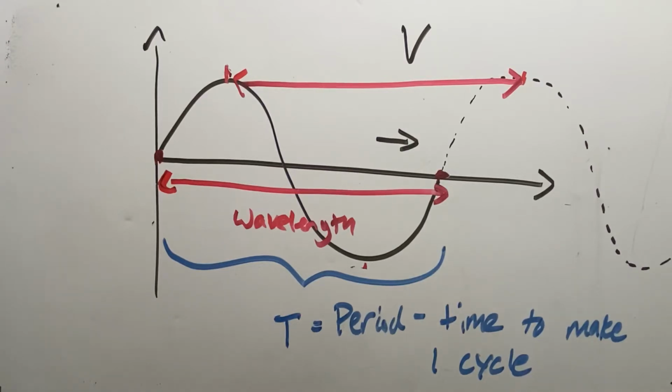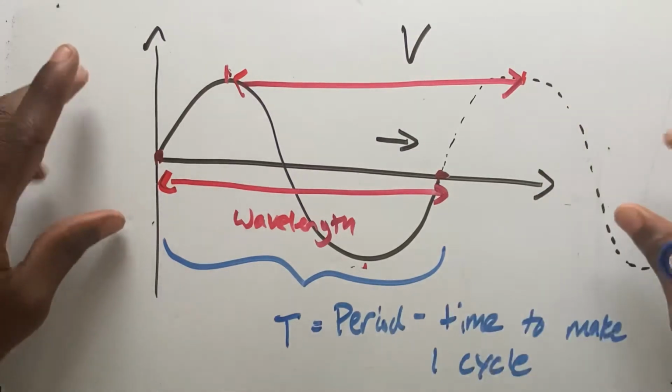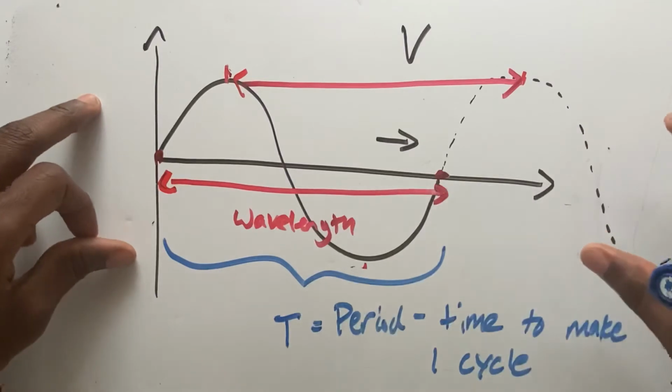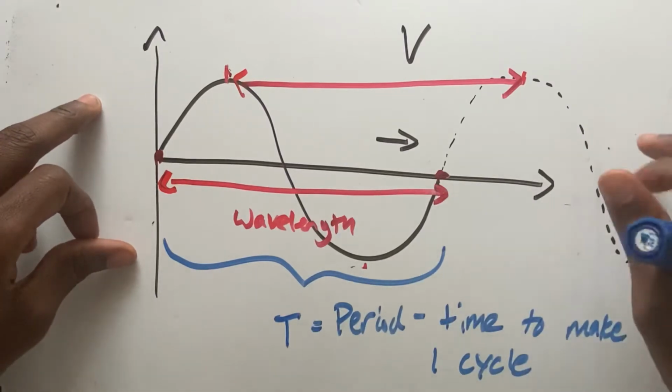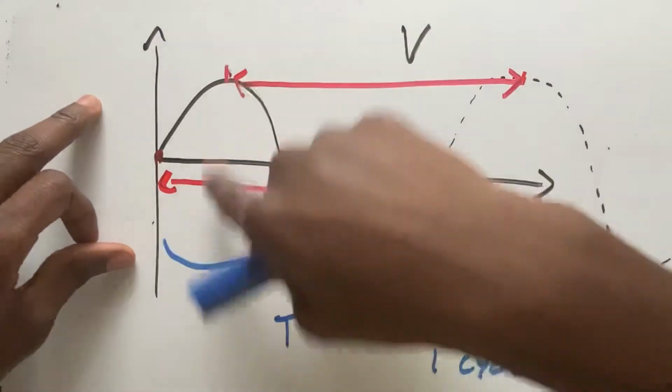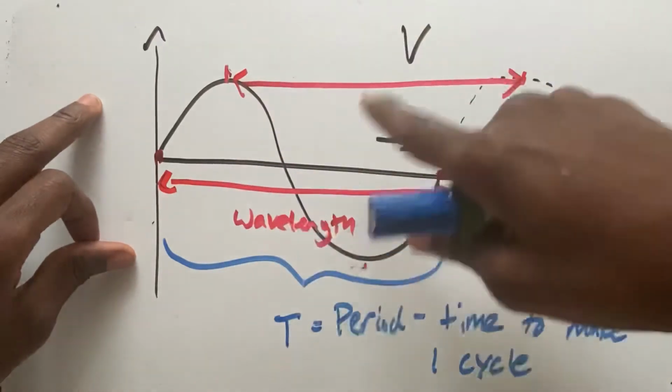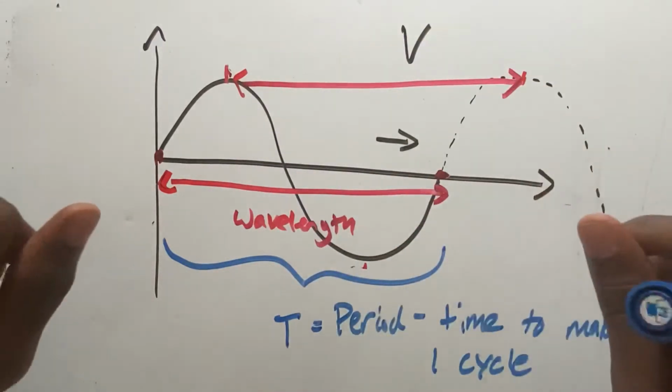Okay, so now we also have another thing in waves that we call frequency. Frequency is basically how frequent or how fast it's oscillating.